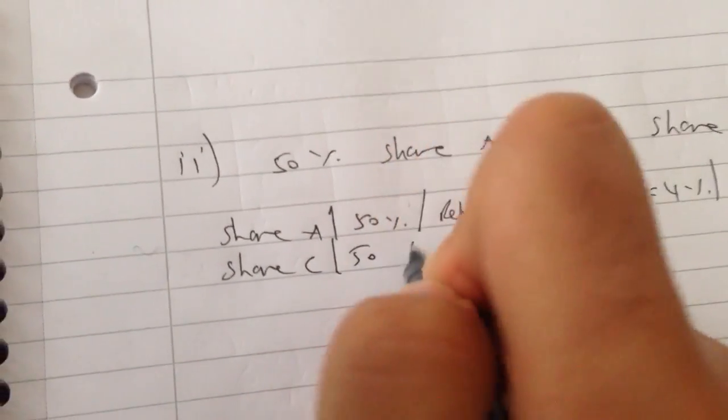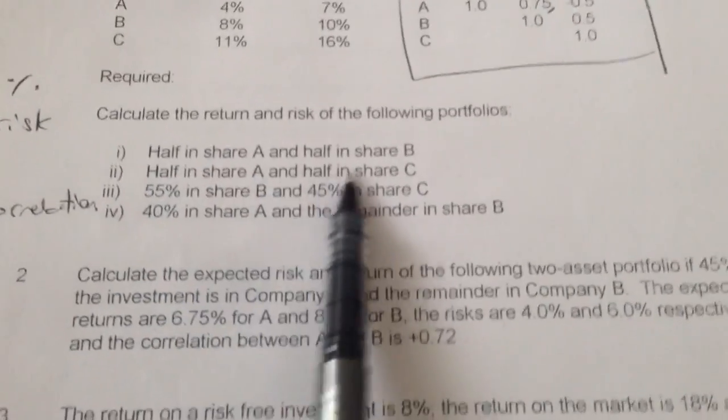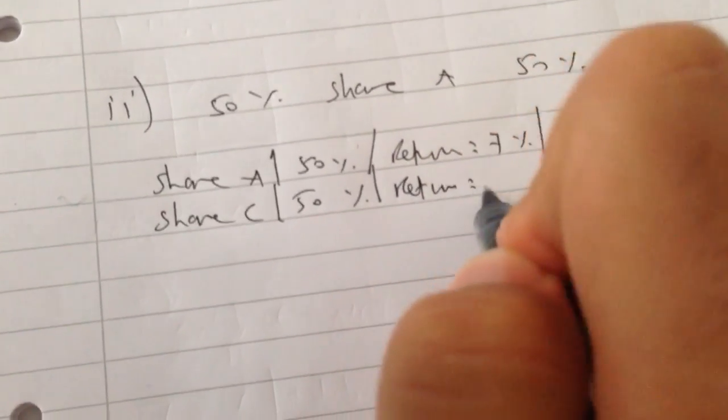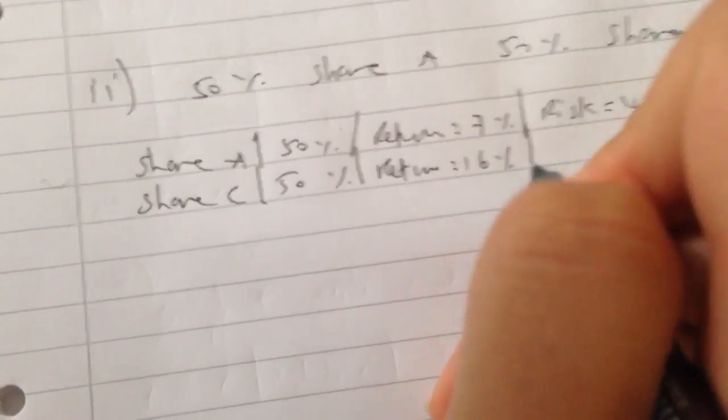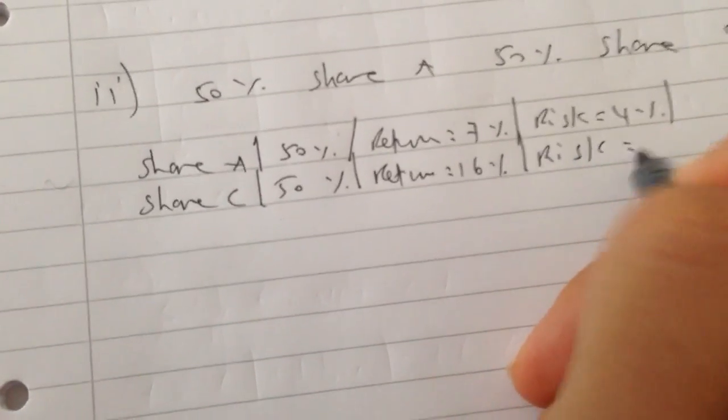This time we're looking at share C as well, 50% in share C. The return of share C is 16%. The risk is 11%.